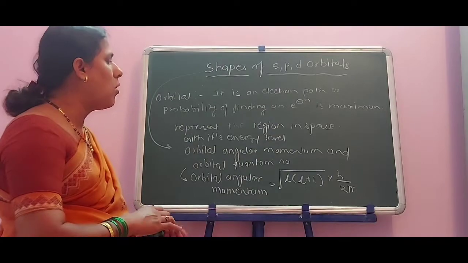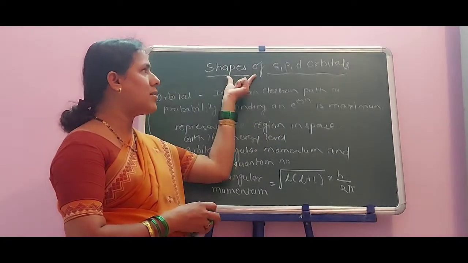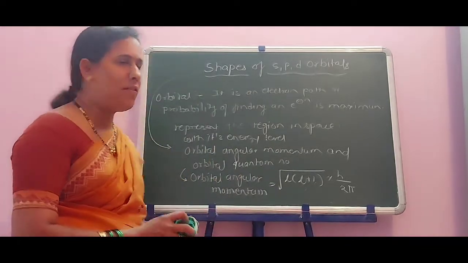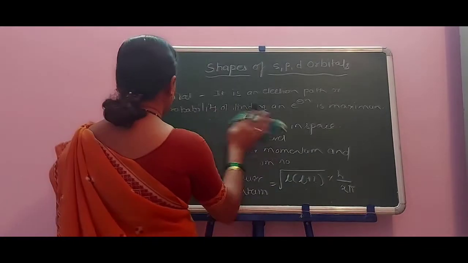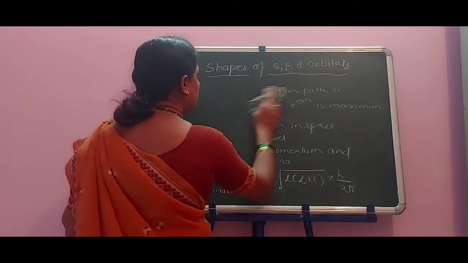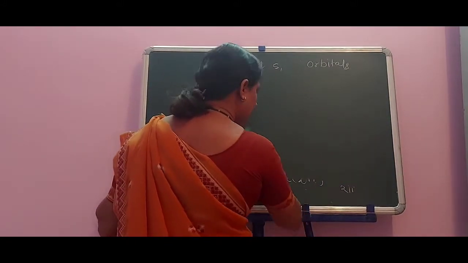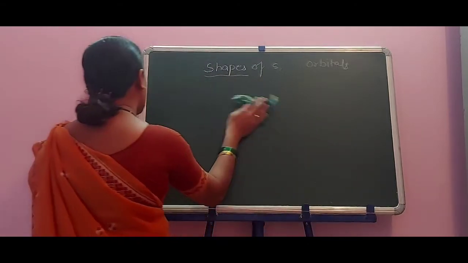Now we come to the shape of the s orbital first. I will draw the diagram one by one.